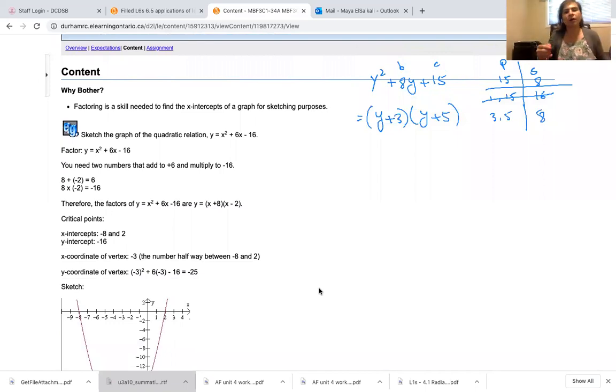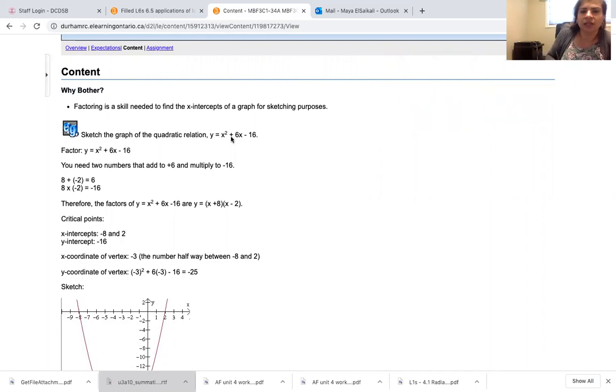Why do I need to factor? For example, if they're asking you to sketch x squared plus 6x minus 16, how are you going to find your answer? How are you going to be able to graph? Unless you sit down and plug in x values to find the y values.